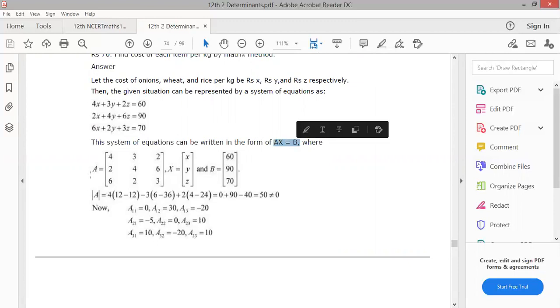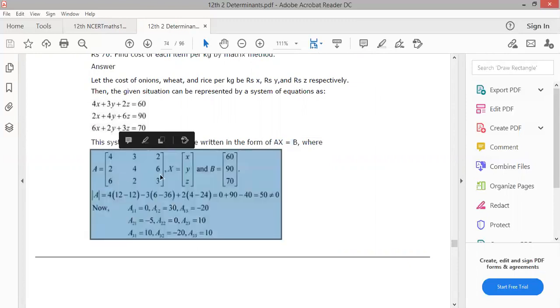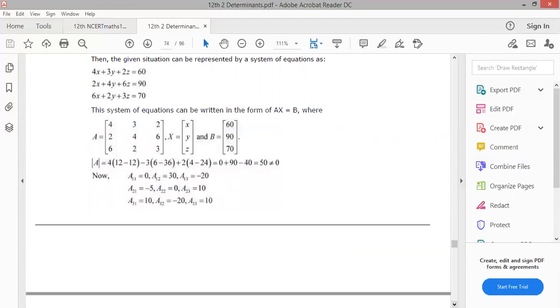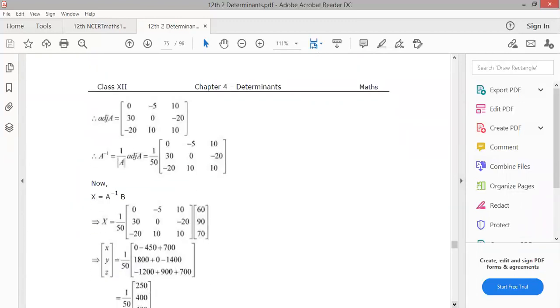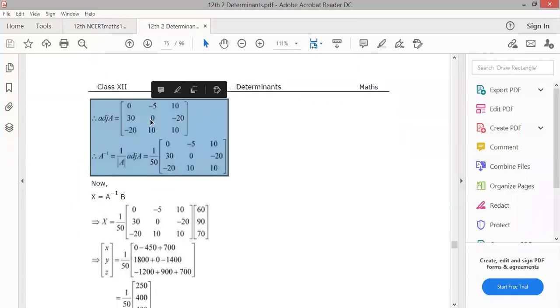It's AX is equal to B, and A is this, X is this, and B is this. Determinant of A is equal to 50, not equal to 0. We will find the cofactors, write the matrix of cofactors and find its transpose. That means we'll find the adjoint of the matrix. After finding the adjoint, we will find the inverse of the matrix. So the inverse of the matrix is 1 by determinant of A into adjoint of A. This is how we can find its inverse.